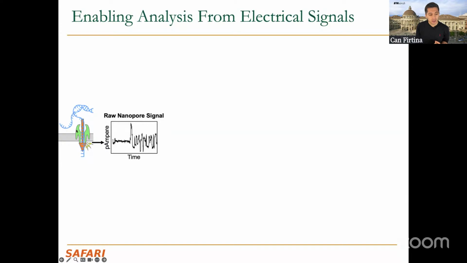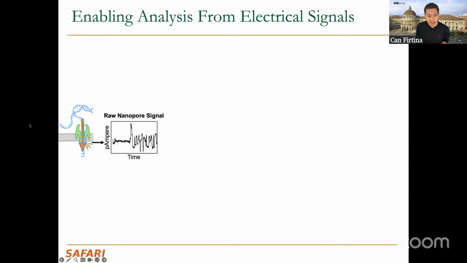Rather, the nanopore itself is in a shape such that there are multiple nucleotides affecting the current flow. For older versions of nanopore, this is around 6 nucleotides. For the more recent ones, this is around 9 nucleotides.